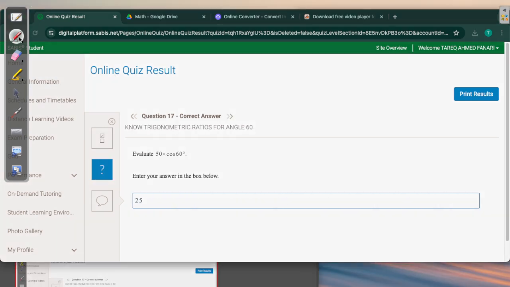Now, something you guys need to know. Sine of 30 is equal to the cosine of 60. And the opposite applies, by the way. So if you have sine 60, ignore my terrible drawing, please.